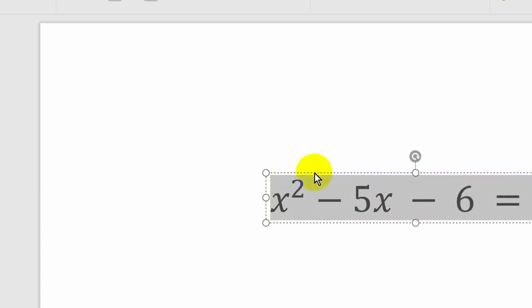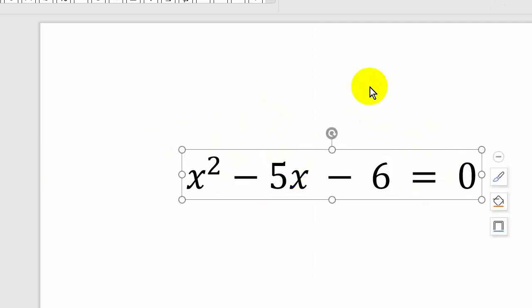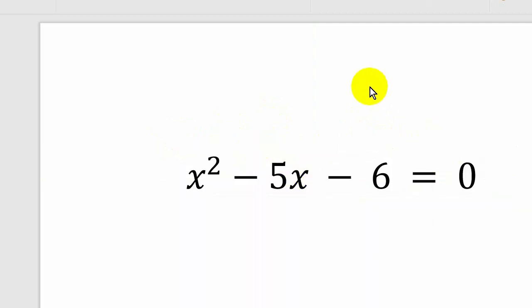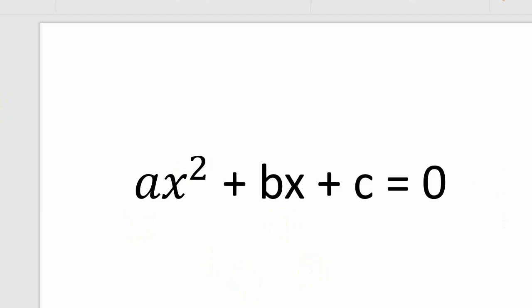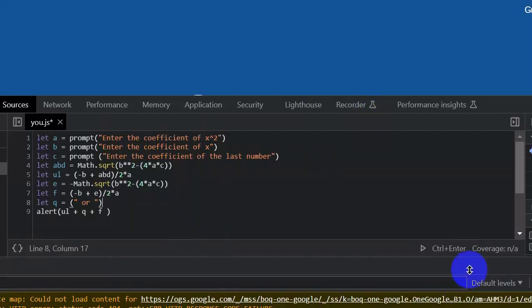This is the question I'm testing it with: x squared minus 5x minus 6 is equals to 0. So look, I'm going to test it. You can see in this place the value of a is 1, so just input it. We're going to press Ctrl Enter.